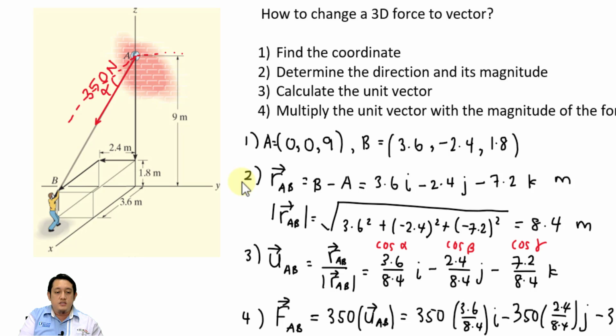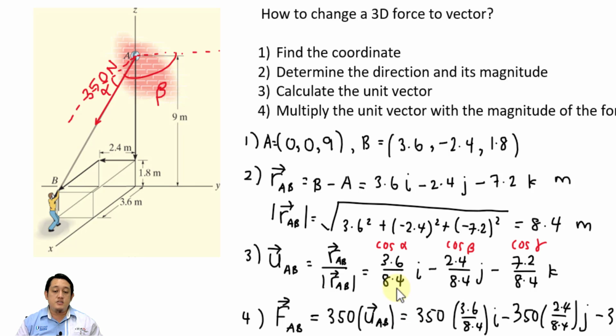The positive y-axis is this one, so from here up until here, this one is beta. As you can see here, this force is pointing towards the negative direction of y. Therefore, the angle must exceed 90 degrees. So it is logical, 106.6.